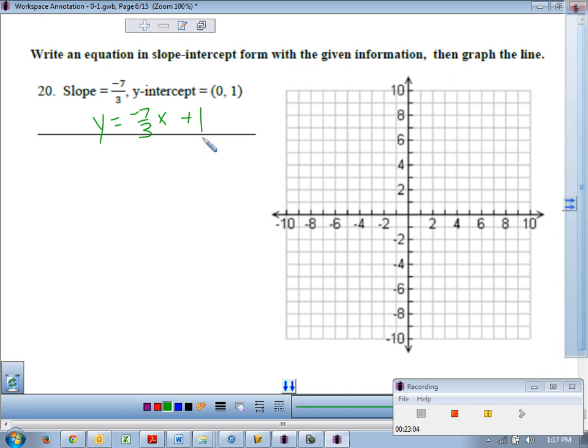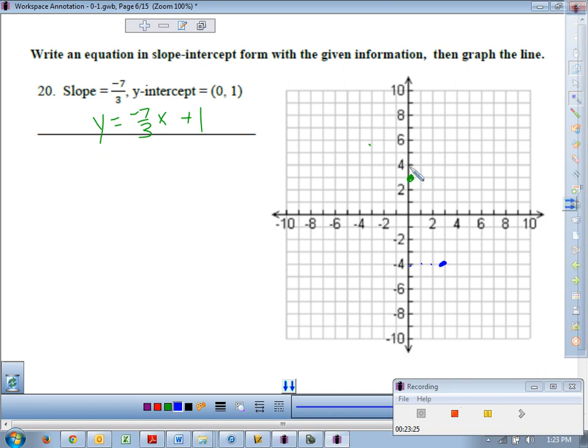Now let's graph it. Starting where? Oh, are you kidding me? Start at 1, and then go down 7. How come down 7? And then which way 3? To the right 3. And then I can't go down 7 again.